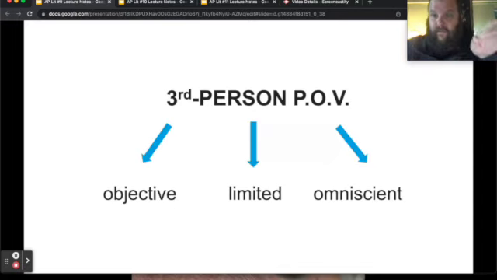It's objective, right? Whether or not you would consider no bias, no feeling, detachment a limitation, those can be seen as limitations depending on the story, right?